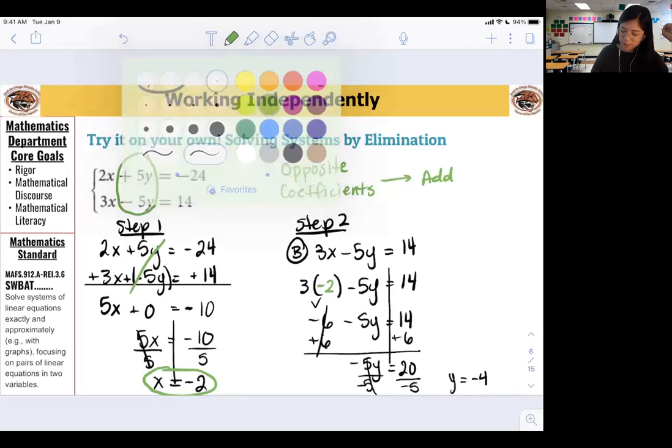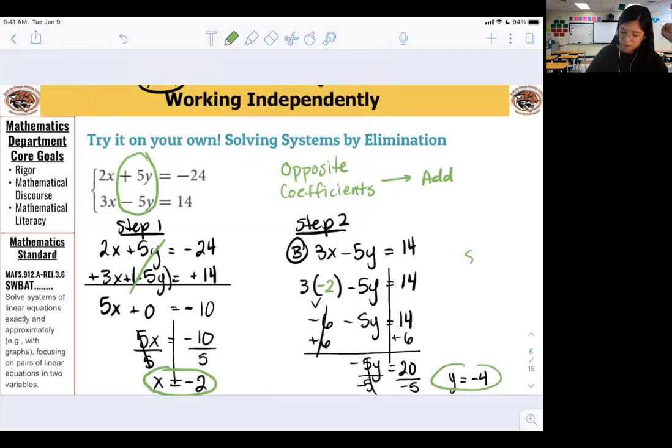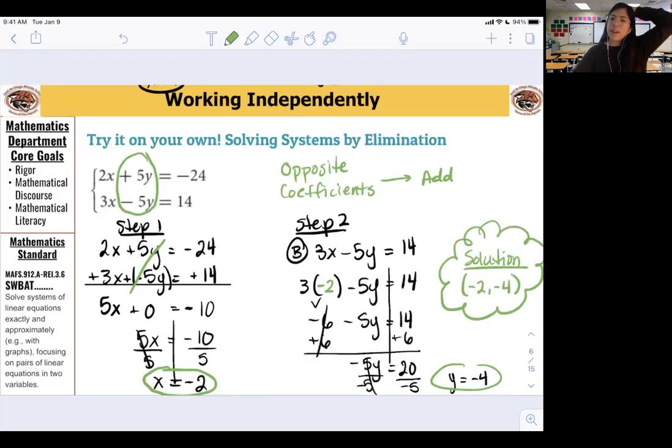So my final answer, my solution, is -2 comma -4. Beautiful. And remind me, what actually is happening at -2 comma -4? Is that a solution?